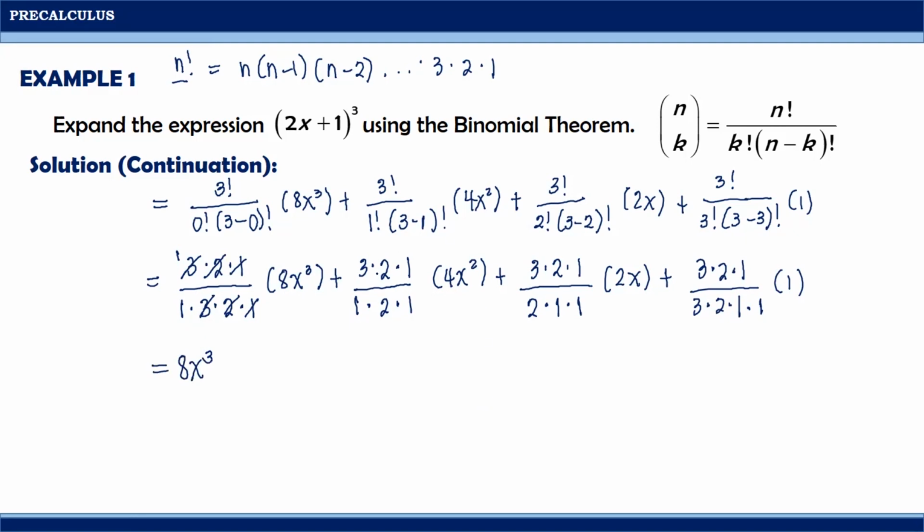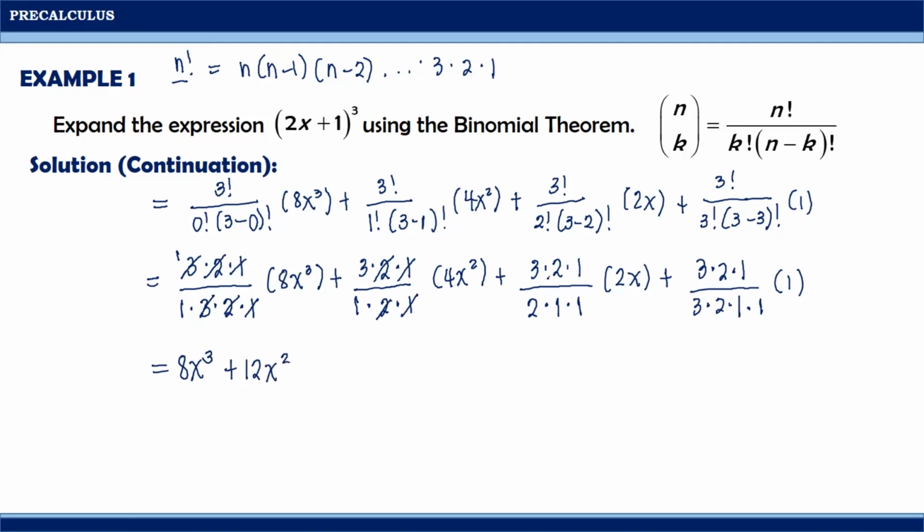Next, before you multiply again, cancel common factors. So you only have here 3 divided by 1, which is equal to 3, times 4x squared is positive 12x squared.